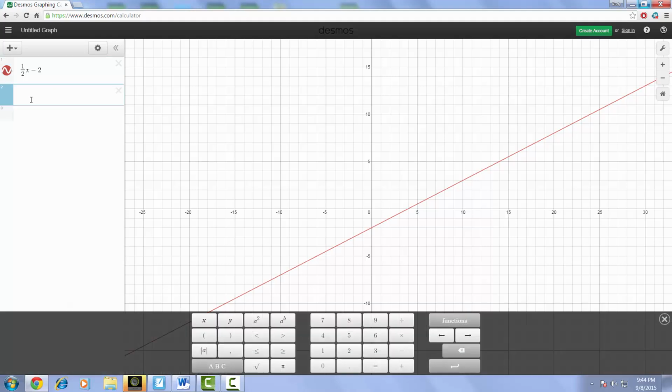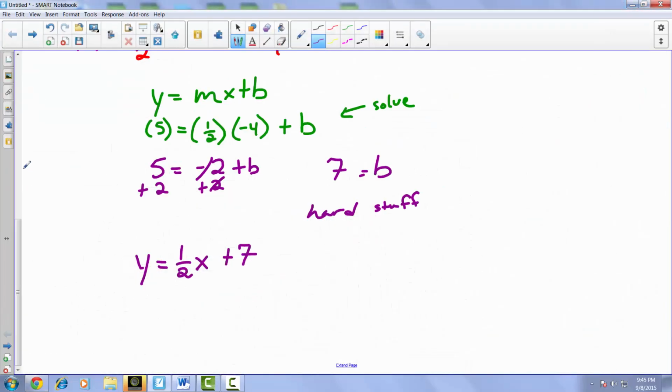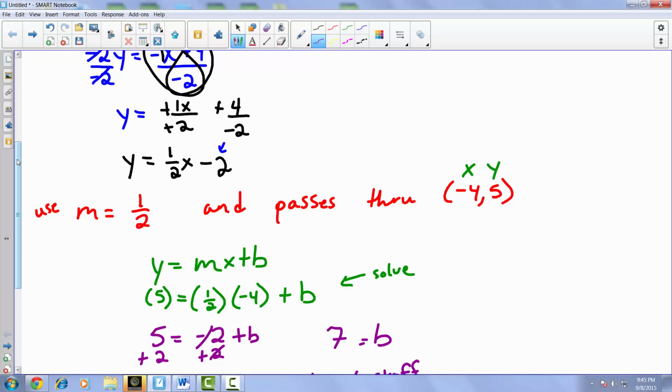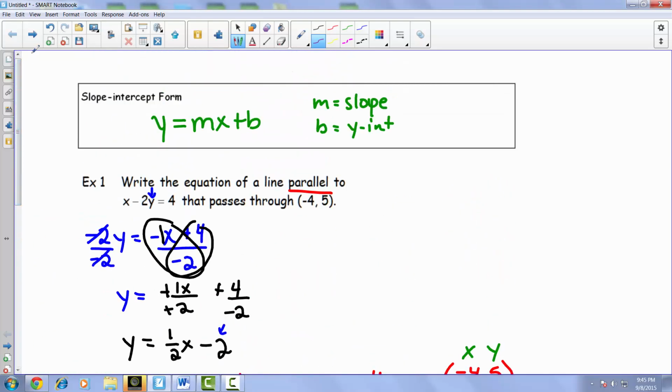For our other line, we have 1/2 x plus 7. There now, as you guys can plainly see, are our two parallel lines. Again, same slopes, different y-intercepts. So again, that is the definition for slope-intercept form and example 1 from our 2.4 number 1 set of notes.